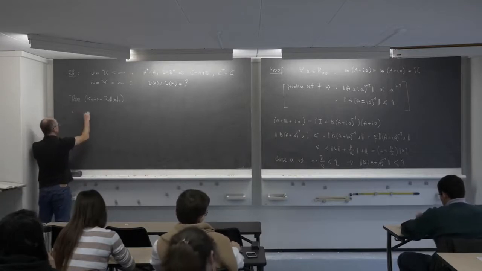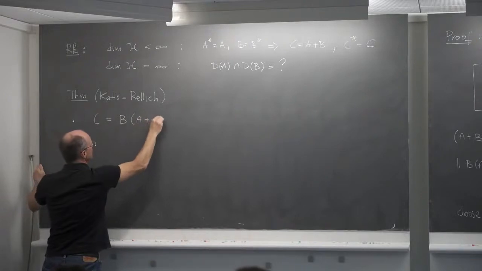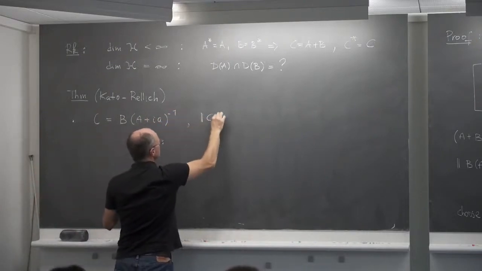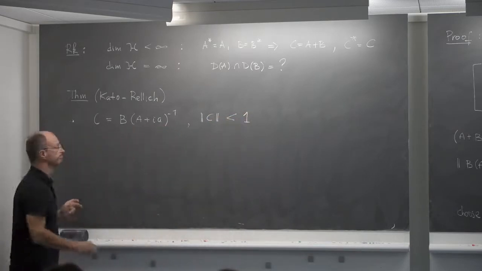So we have now an operator C, which is B times (A plus iA) inverse, and the norm of C is strictly smaller than 1.